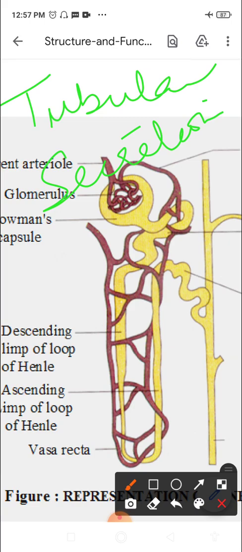What happens is, when ultrafiltration takes place in the glomerulus, there are chances that certain things which are not required by the body escape getting filtered and entering into the renal tubule. They may remain in the blood, but the body does not require them, so they need to be removed. That is removed by the process called tubular secretion, which is just the opposite of tubular reabsorption.